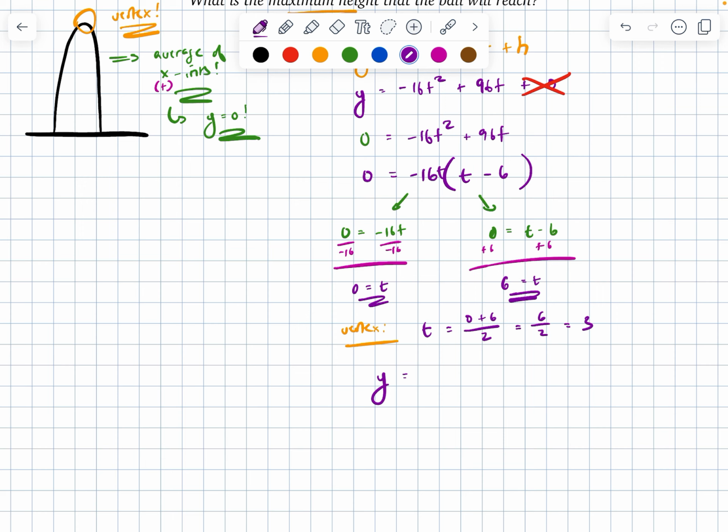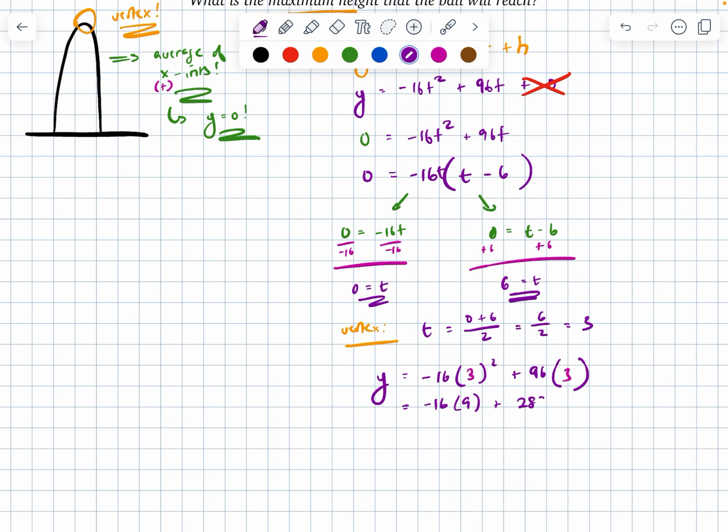If I take that value for seconds and substitute into my equation, I should be able to calculate that height, y. So I know that y here is going to be equal to negative 16 times t, which we've identified as 3 squared, plus 96 times that guy, 3 for t once again. Let's simplify.